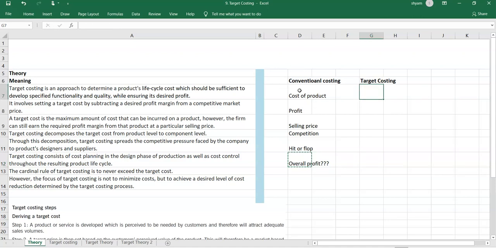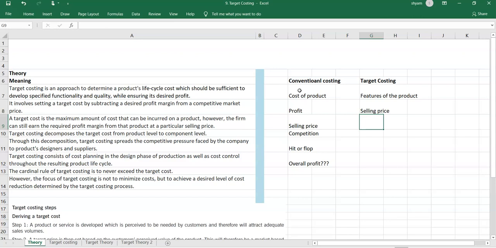To answer it, they first try to find out what would be the features of the product, and what could be the selling price at which the customer will buy this product. So they determine what the selling price would be.